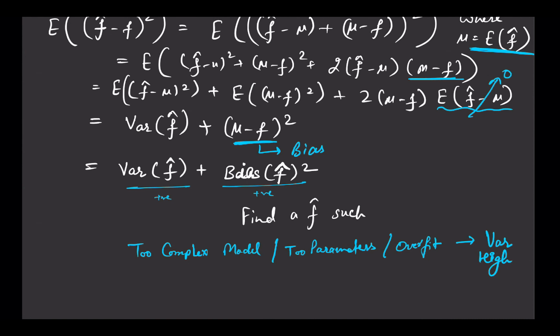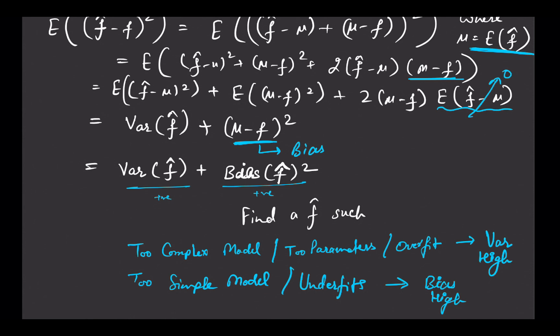On the other hand, if we use a too simple model with too few parameters, or a model which underfits, in that case the bias gets very high, because the difference between mu, which is the average predicted value, and f, which is the actual value, gets very high.